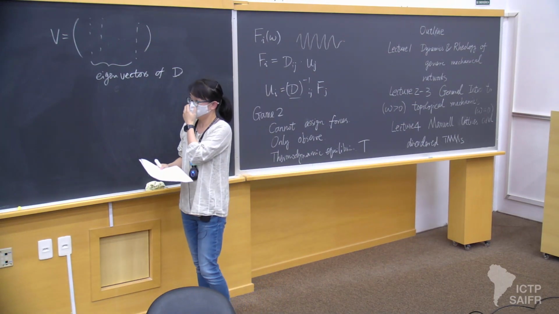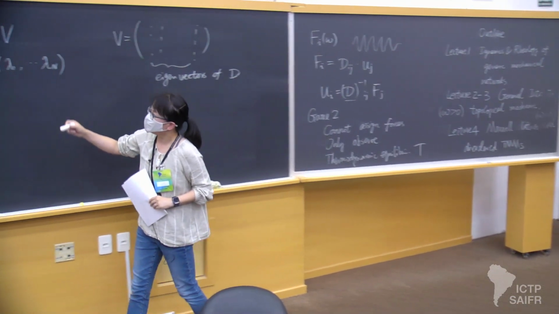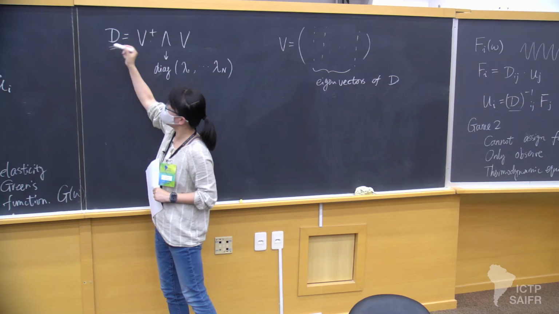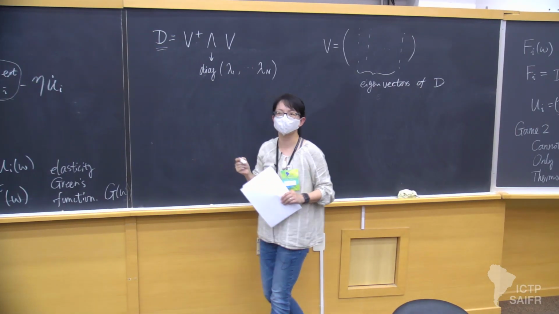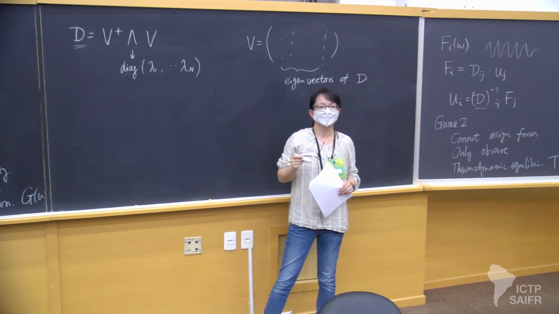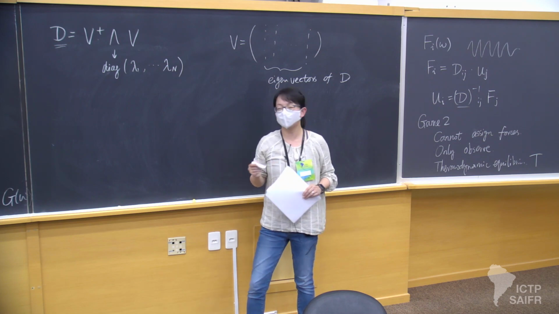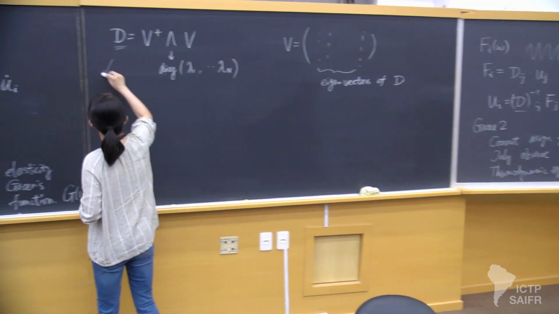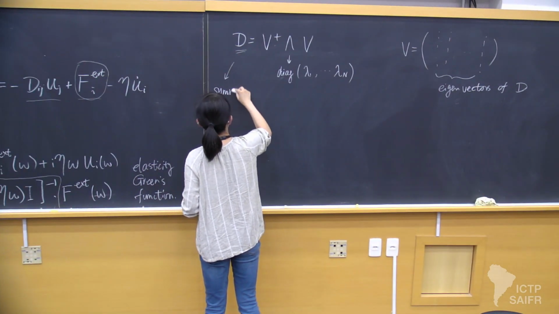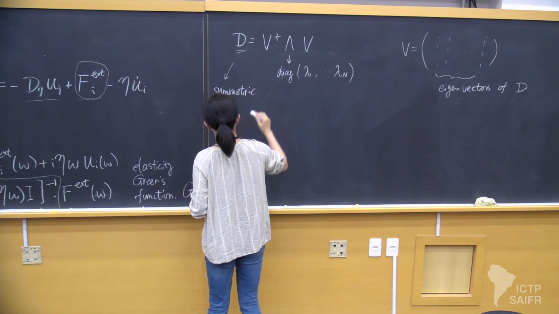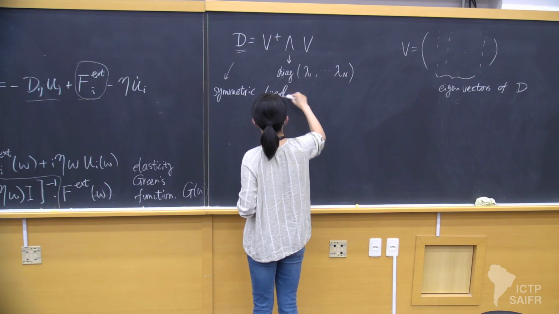And so here, what kind of matrix is D? What is the property of this matrix D? It's a symmetric matrix, right? So it's symmetric in real space.